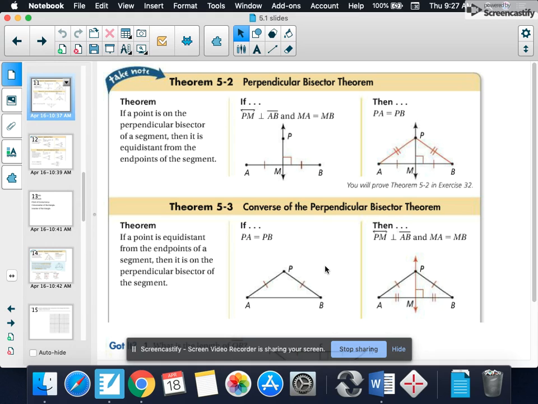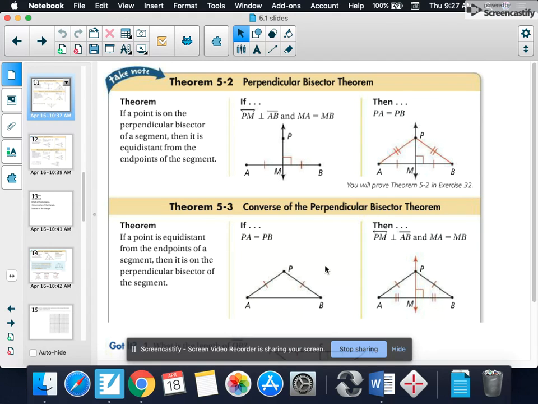So we have this example here saying that PM is the perpendicular bisector of AB, and that MA is equal to MB. So therefore, if we were to draw lines from P to B and P to A, then those two lines would be equal.